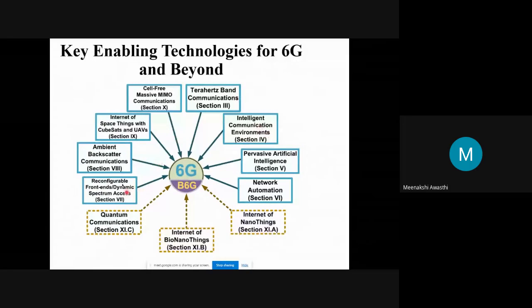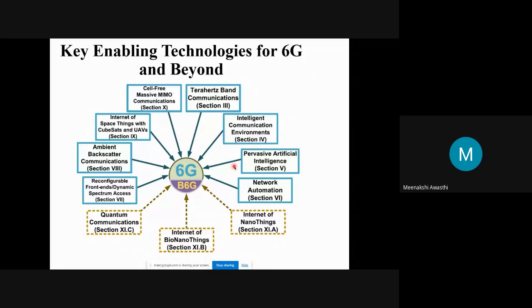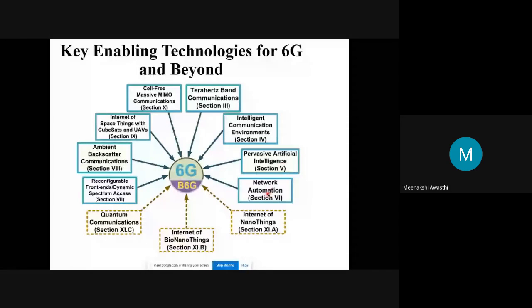Each and every box is a research area on which we can do our research. There is a lot of scope for research in this, as you can find from this slide. Intelligent communication environment is also part of 6G technology. Pervasive artificial intelligence and network automation are also required for 6G.